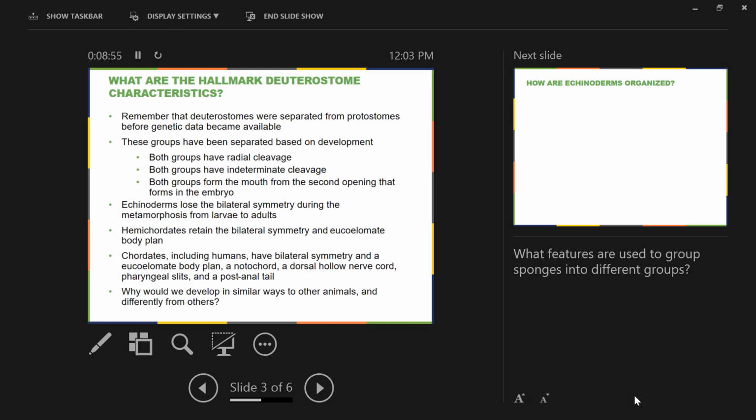Okay, so thinking about some of these features that we share with some animals and not with others, I want you to come up with a good way to answer this question. Why did we develop in similar ways to echinoderms, but differently than the other segmented phyla?